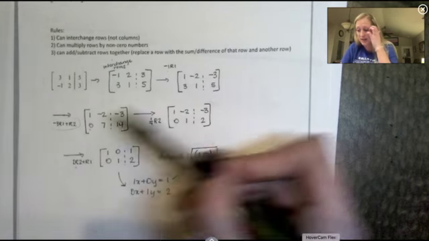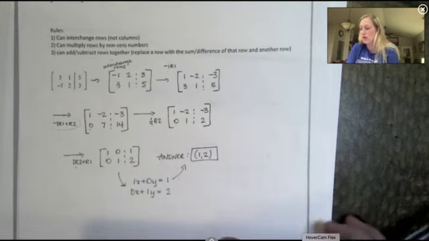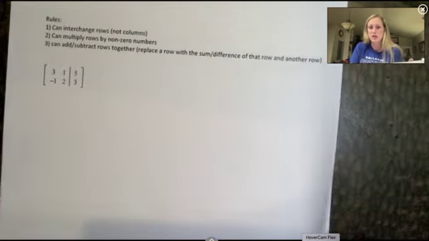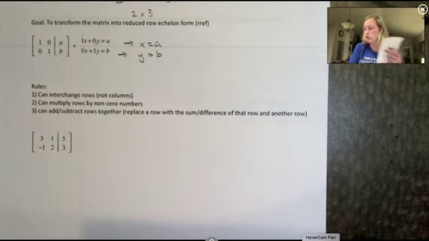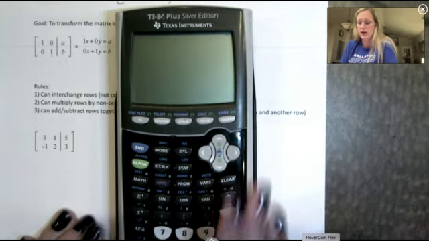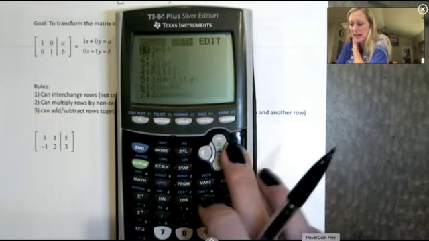So all of that by hand is doable, but again, we have a fantastic tool that allows us to do this with a calculator. So I'm going to show you guys how to do that. Remember, on your calculator, you can enter a certain matrix. So you go to second matrix and then to edit.